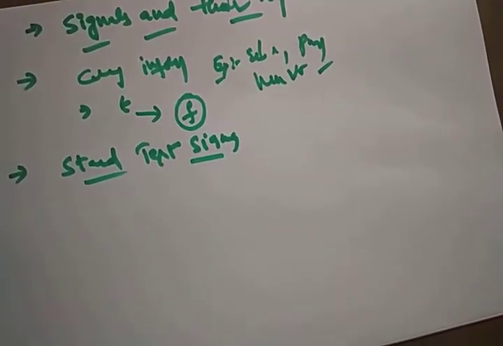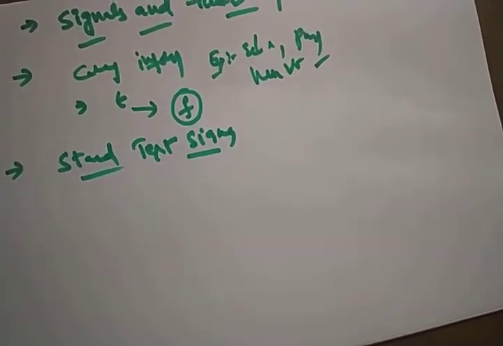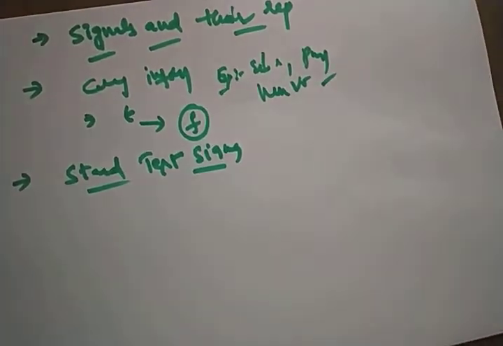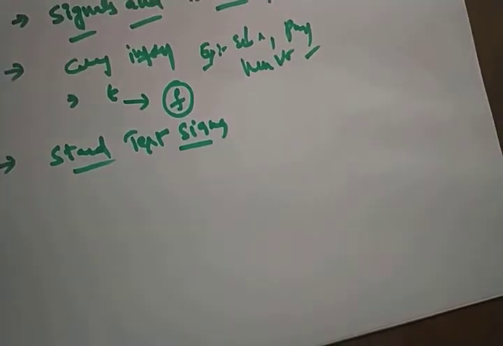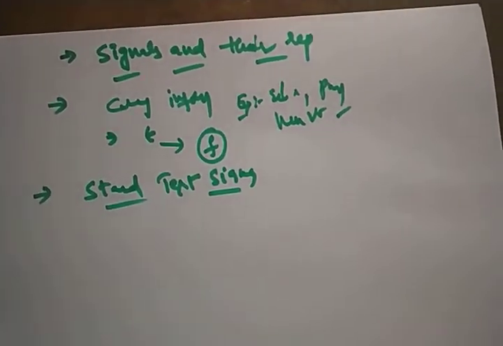For this we require a signal. If you want to test any system, we just apply these signals and we will get the output. From this, you can easily explain the performance of a system.